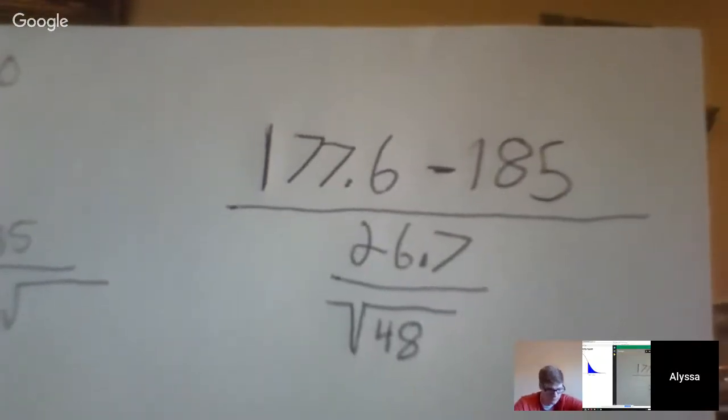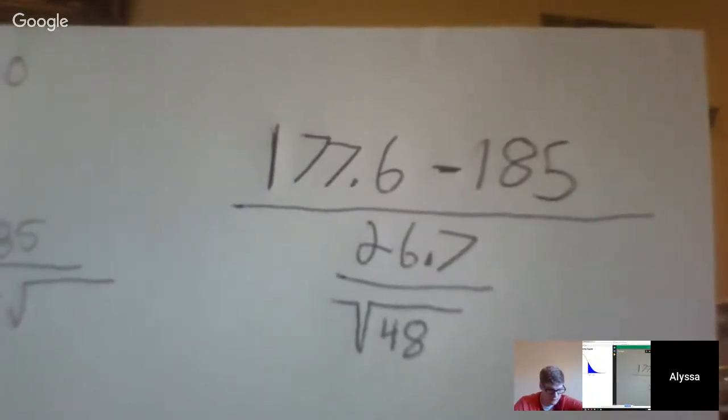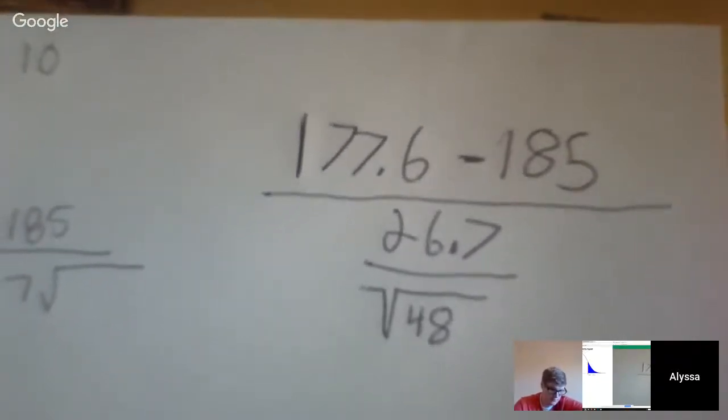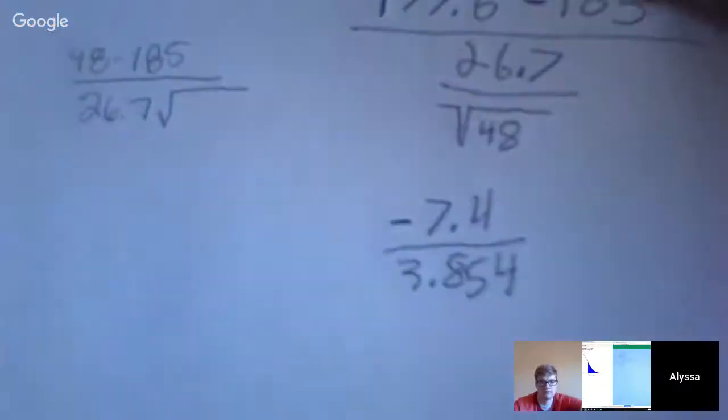Okay, so 177.6 minus 185 over 26.7 divided by the square root of 48. That equals minus 7.4 on top. And on the bottom, you have 3.854. Oh, so maybe that's what I have wrong.